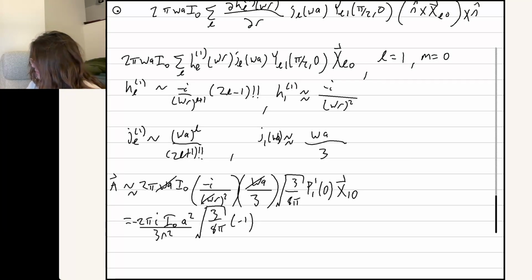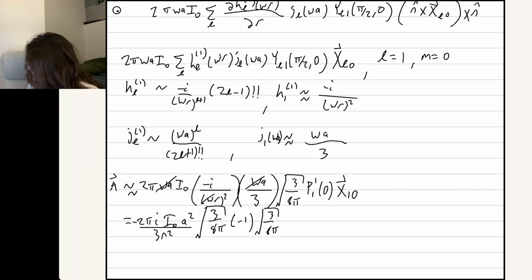And then X₁₀ is root 3 over 8π times this, i θ̂ minus cosθ φ̂, all multiplied by e^(iφ). My handwriting's terrible.